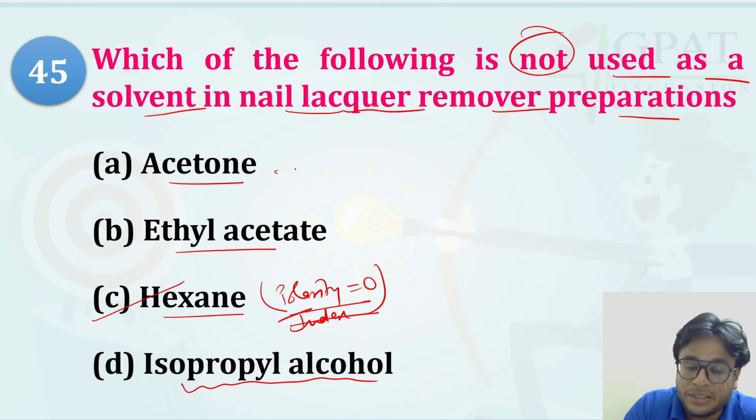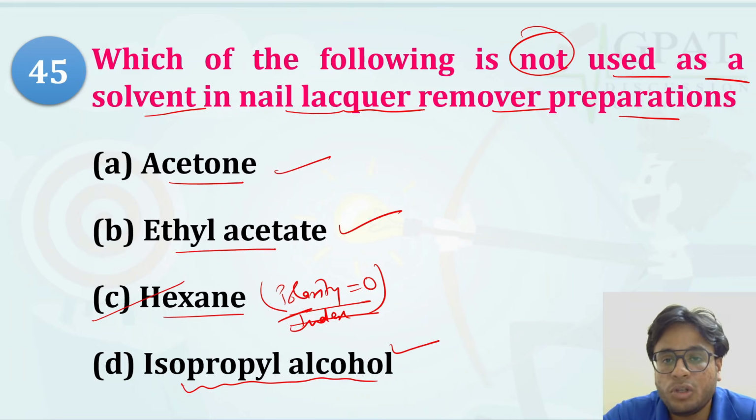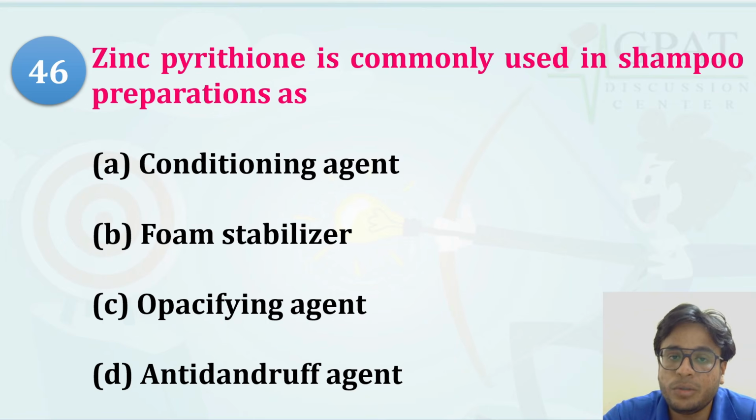Acetone, ethyl acetate, and isopropyl alcohol are well known to be utilized as nail lacquer removal preparations, but not hexane, because its polarity is 0, so it cannot solubilize that nail lacquer.